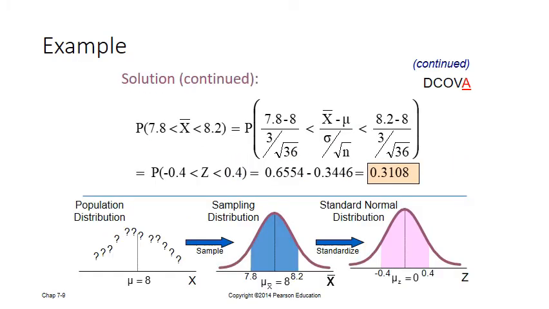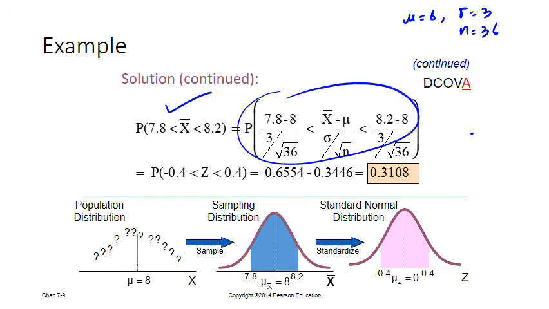So here you can see that we are given mu is 8, sigma is 3, n is 36, and we need to find this probability. The book is using this formula altogether, but the way we used to do, we will continue like that. So the probability that x bar is less than 8.2 and greater than 7.8, so z will be x bar minus mu x bar over sigma divided by square root of n.